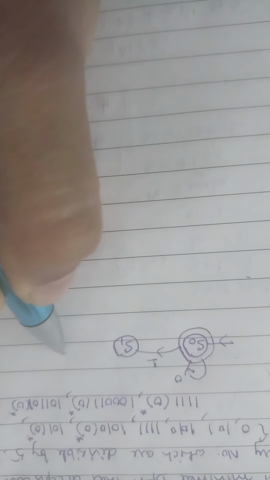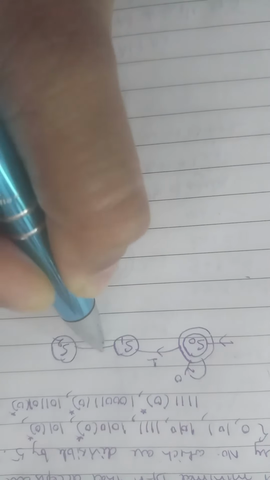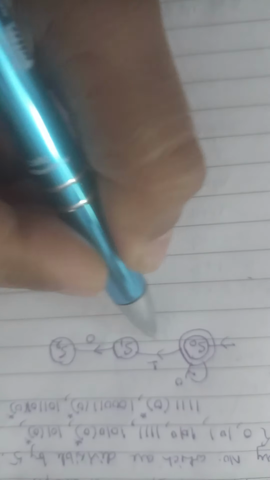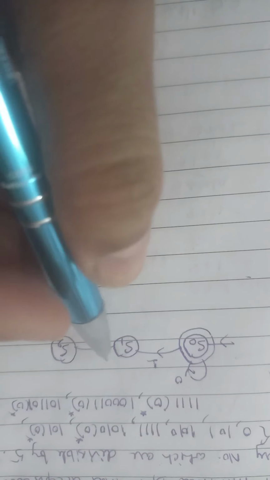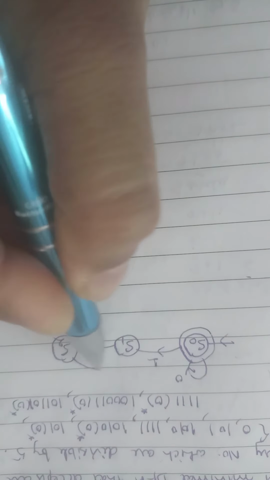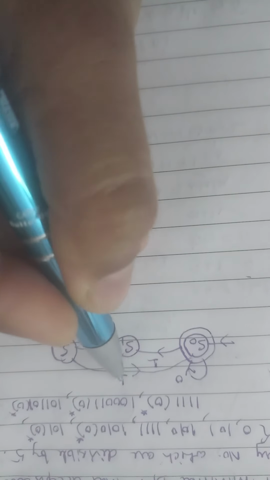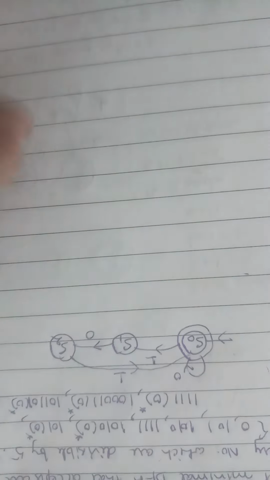So S1 to S2 on 0, and from S0 on 1 and 0, from S1 on 0, and from S2 we can make a transition for 1, so we can get 1 0 1.